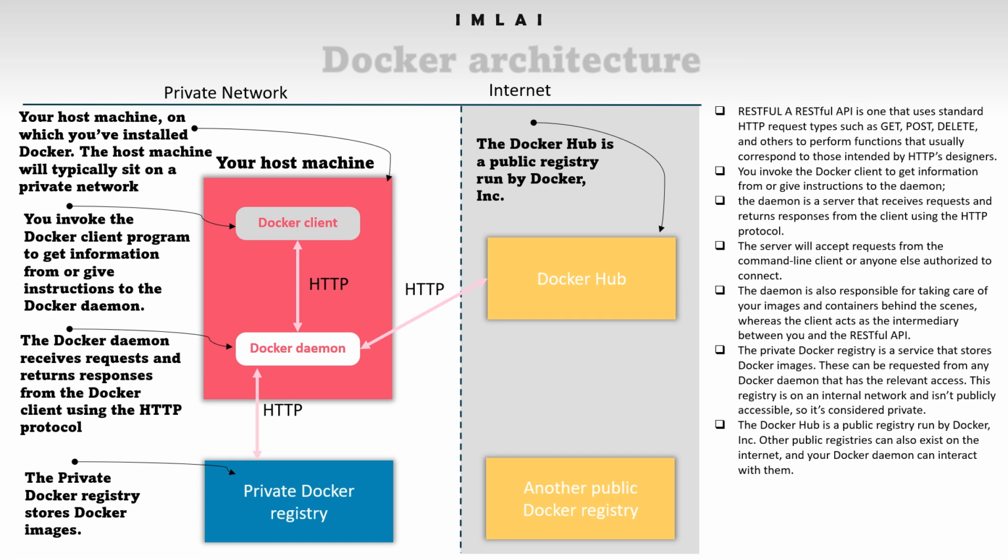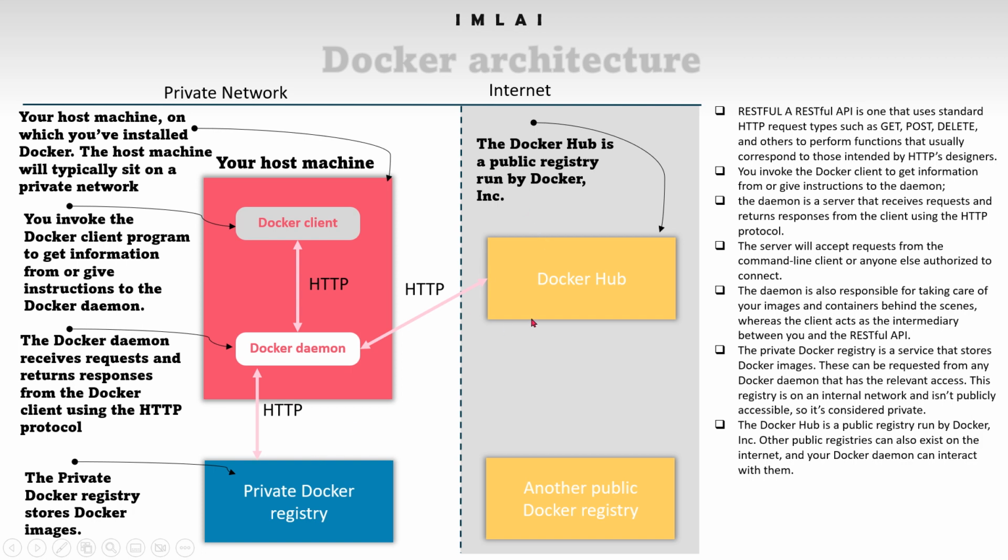The point I just want to convey here is, your Docker client calls up and instructs the Docker daemon to do something. If the Docker daemon doesn't have that thing, it will immediately contact nearby, close by or known registries. Either it could be a private Docker registry or a public Docker registry.